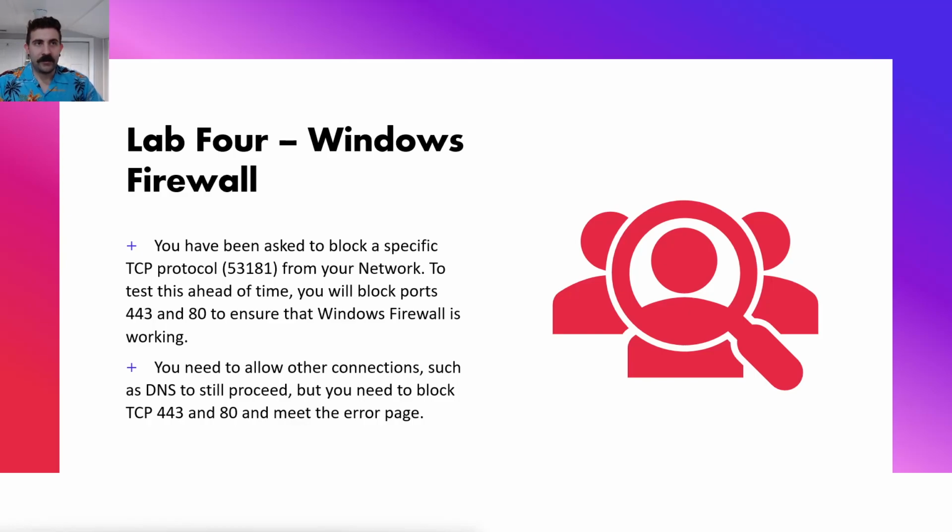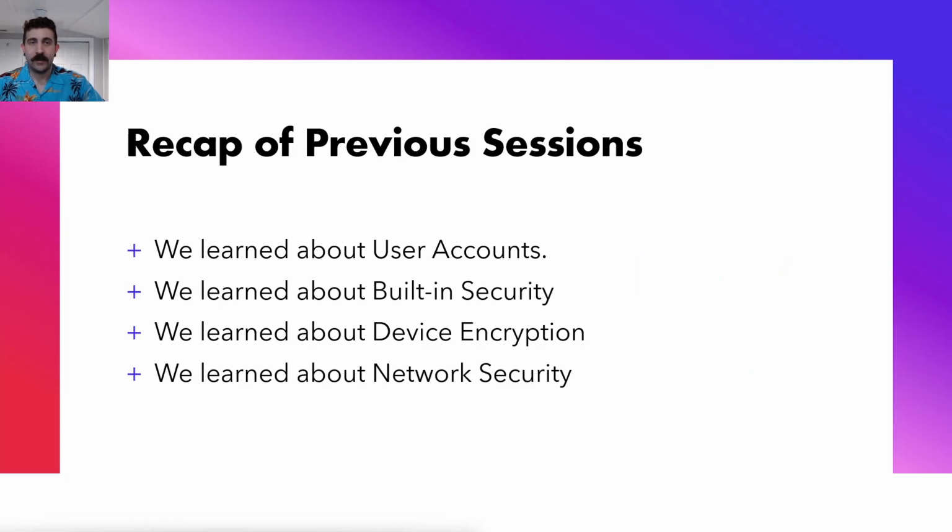All right, so we are now at the recap session. Now remember, throughout this series, we've really talked about the basics of system hardening. In this, we've discussed user accounts, including how to harden them. We've talked about credentials. We've talked about role-based control, what they might need for enabling and disabling.